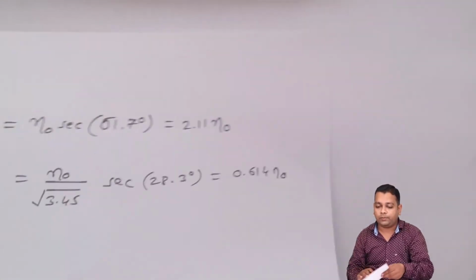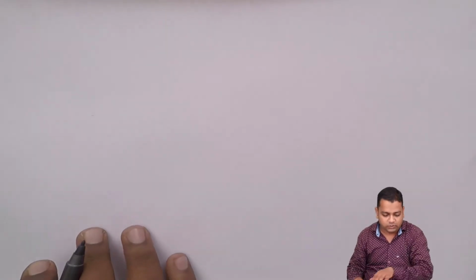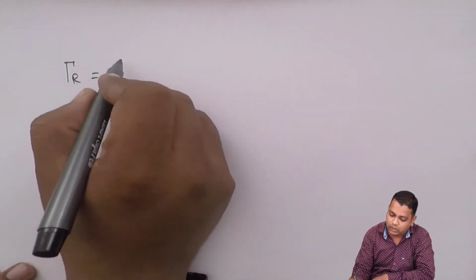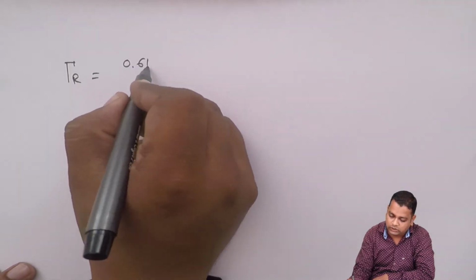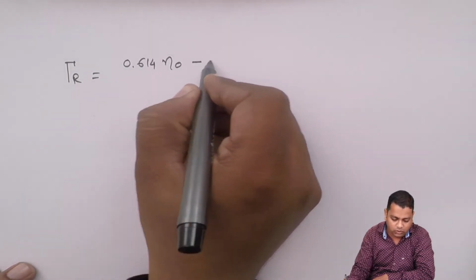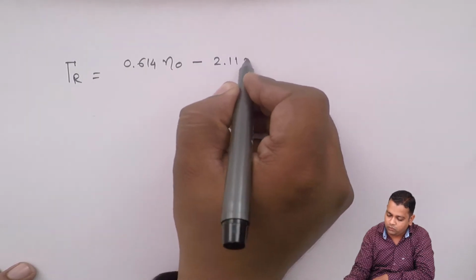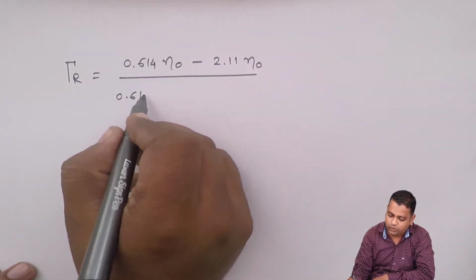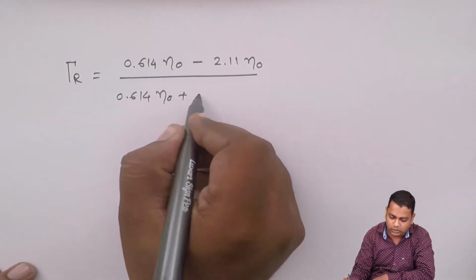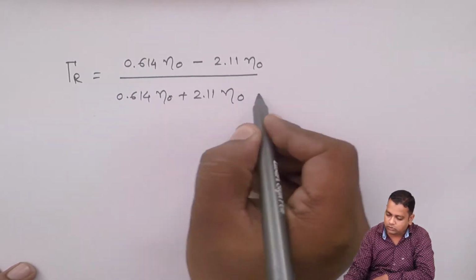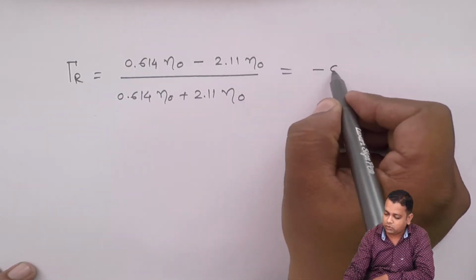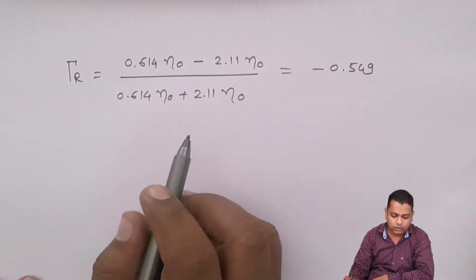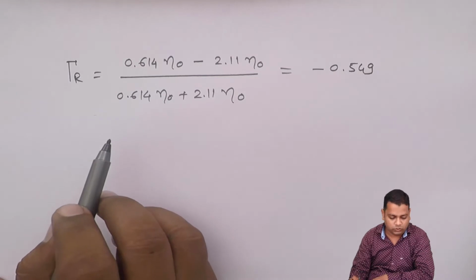Therefore, the reflection coefficient gamma r for the S polarized wave will be 0.614 eta 0 minus 2.11 eta 0, divided by the addition, 0.614 eta 0 plus 2.11 eta 0, which gives the reflection coefficient 0.549. So thus the reflection coefficient is obtained.